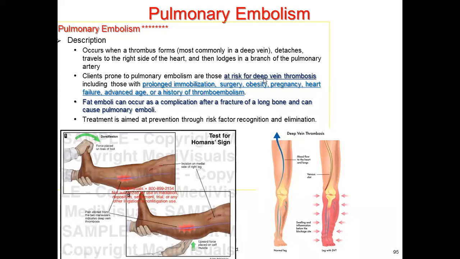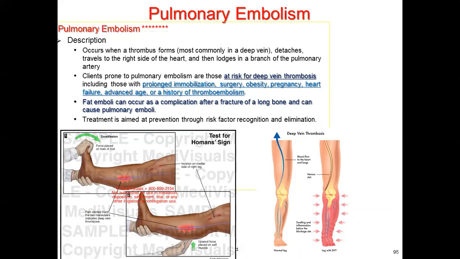Those at risk for deep vein thrombosis include prolonged immobilization after major surgery, obesity, pregnancy, heart failure, advanced age, and history of thromboembolism.